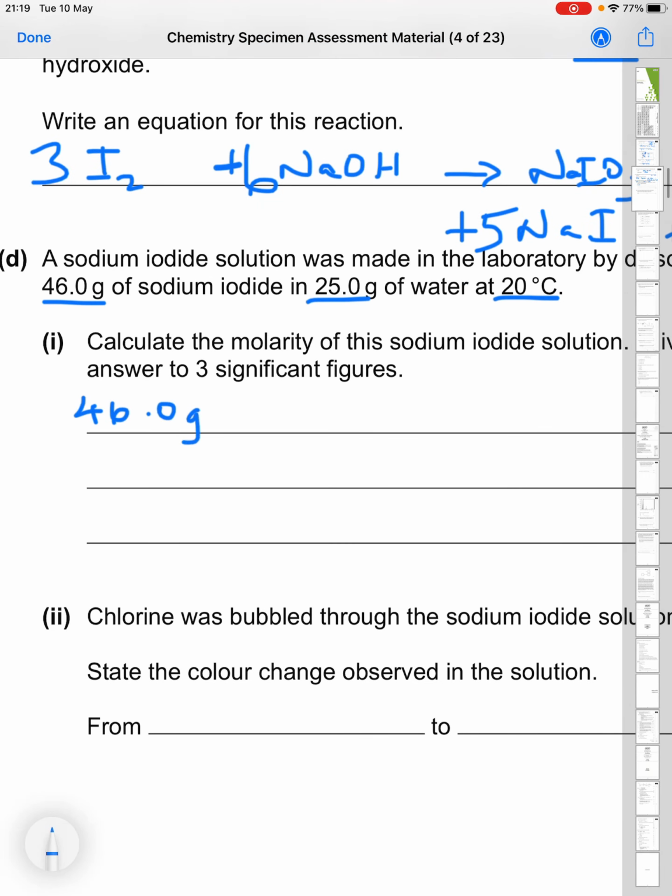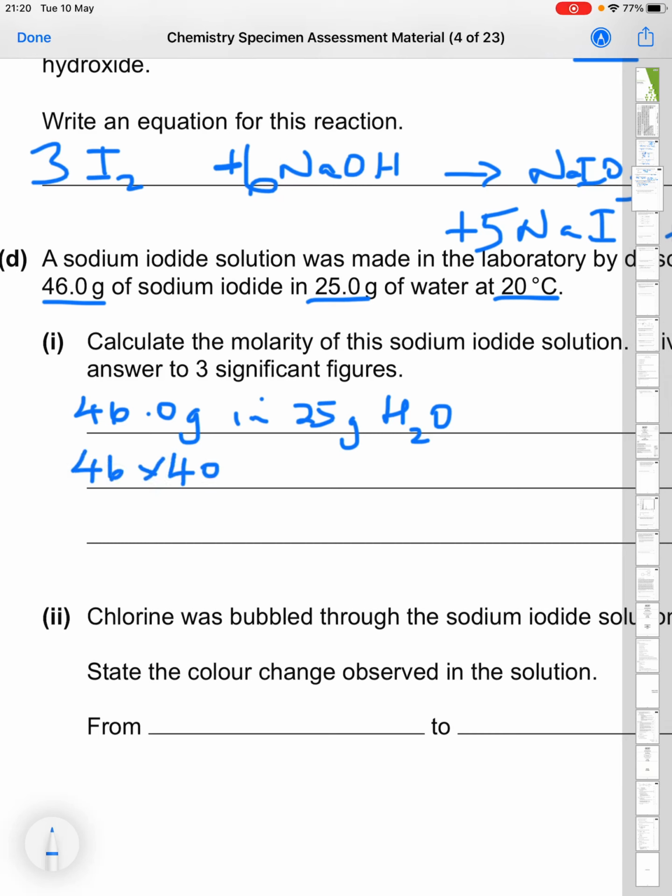So if we have 46 grams in 25 grams of water, then 25 grams goes into 1,000 grams, which is 1 litre or 1 kilogram of water, so 1 litre.